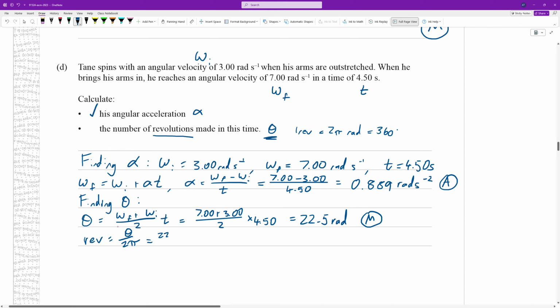So 22.5 over 2 pi, giving us 3.58 revolutions. In other words, Tane spun 3.58 times in 4.5 seconds to accelerate from 3 to 7 radians per second.